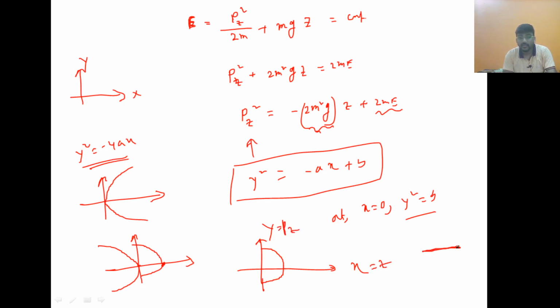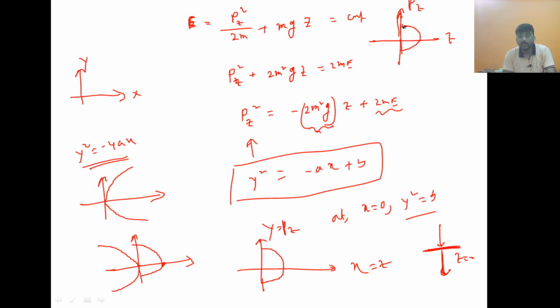So at z is equal to 0 it has done the collision. So z equal to negative means inside the floor. So negative values of z are not allowed. So the graph between pz and z, or you can say y versus x, will be like this.